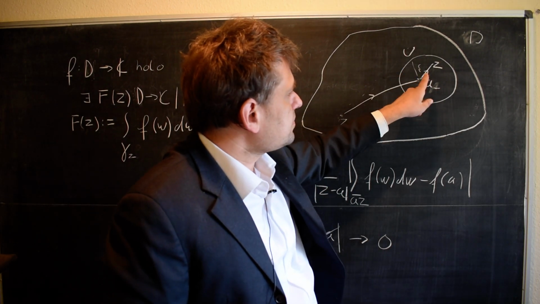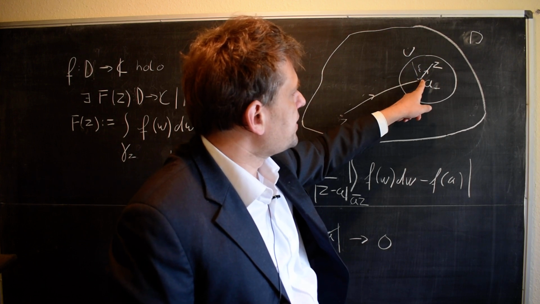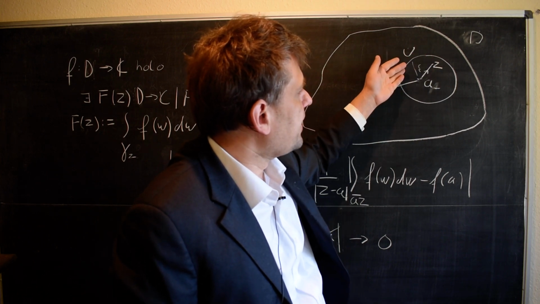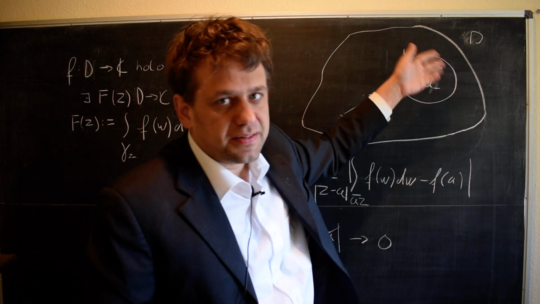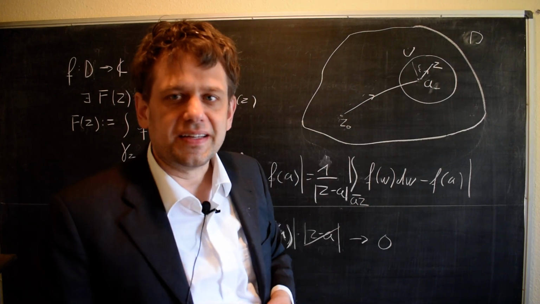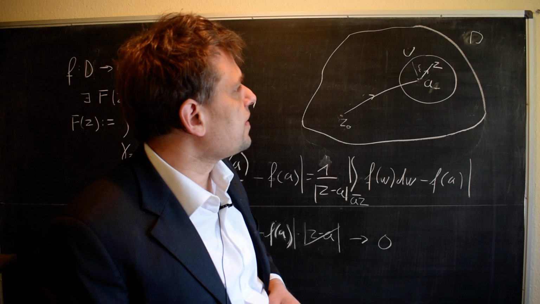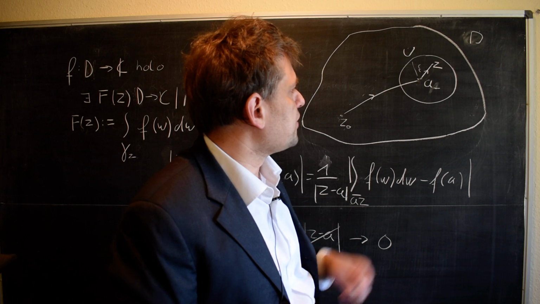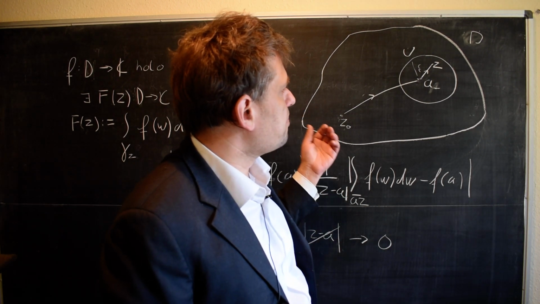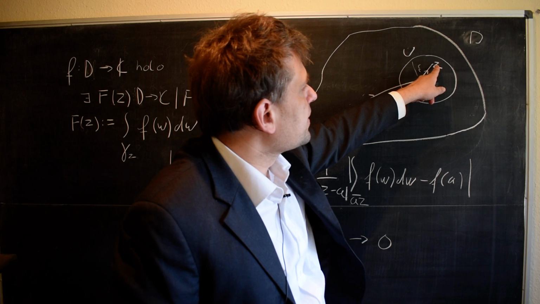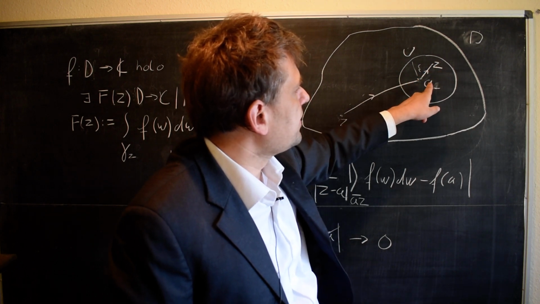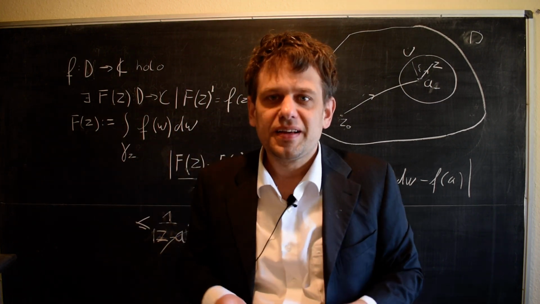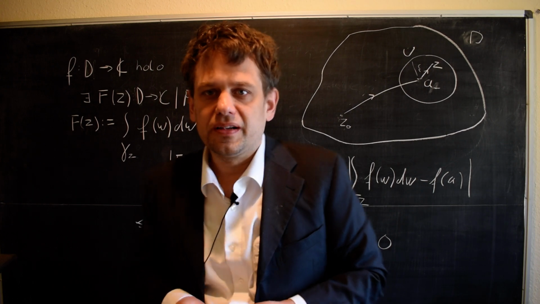This means that around this chosen point a, there is at least a small ball of radius epsilon, such that this epsilon ball is still in D. And this means that we can look at the derivative of our function big F. So let's now focus on a and some point z, which is in this epsilon ball.